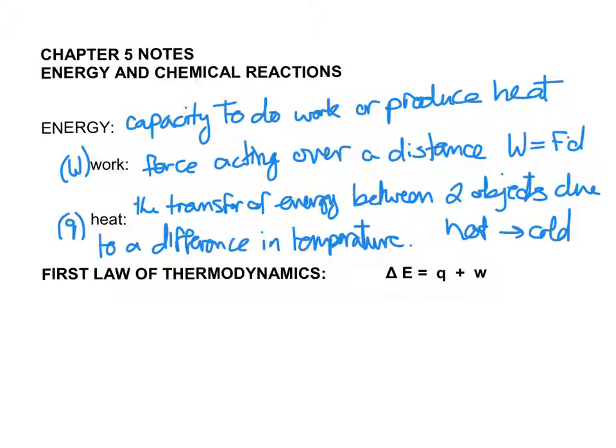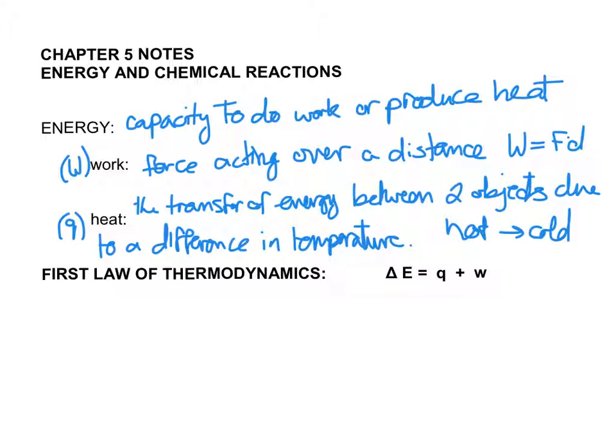So let's say I hold a hot cup of coffee in my hand. The coffee will transfer heat from its molecules to the molecules in my hand, because the average kinetic energy of the coffee particles is higher, which means it's hotter than the average kinetic energy of the molecules in my hand.